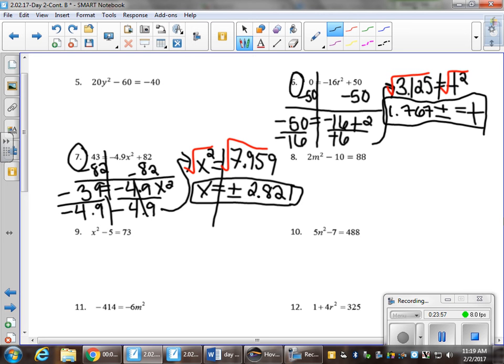Finished? All right, so Cassidy has the answer key right now. When she's done with it, I'll bring it over, okay? Okay. So did you finish? Can you go on to that when someone else is almost done?